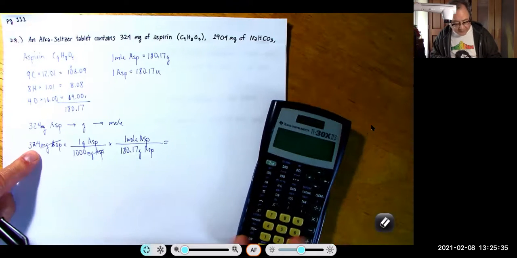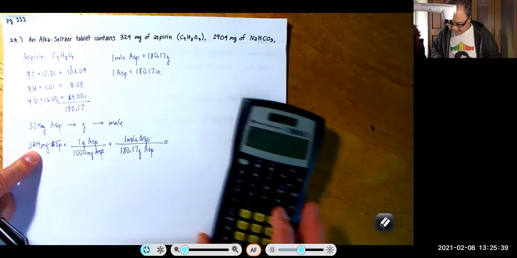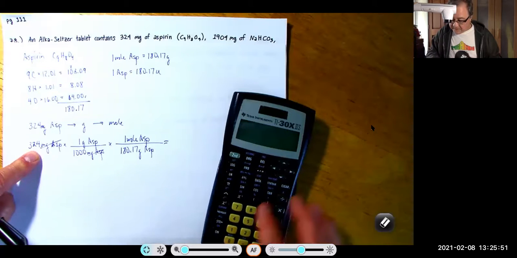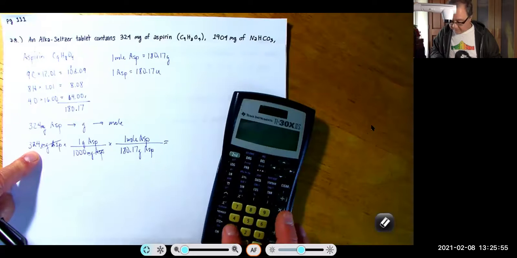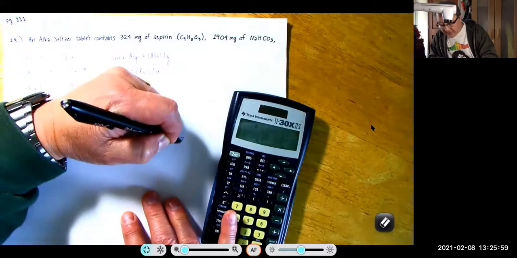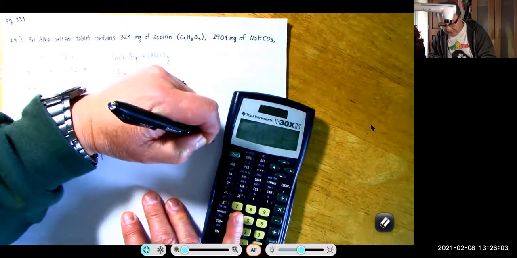We get 3 significant figures because of the 324. And so I get 1.80 times 10 to the minus 3 mole of aspirin.